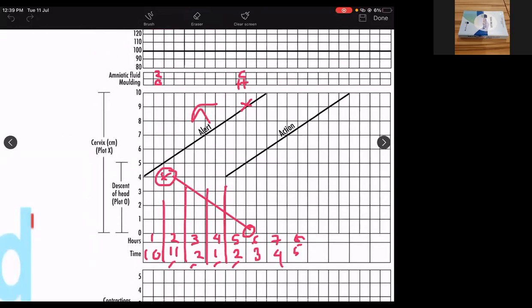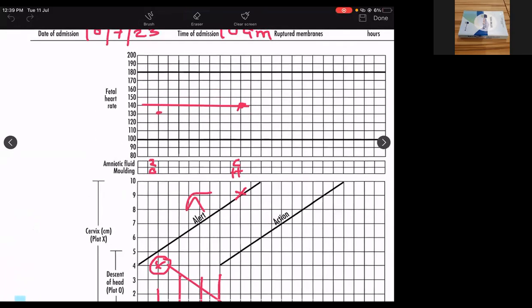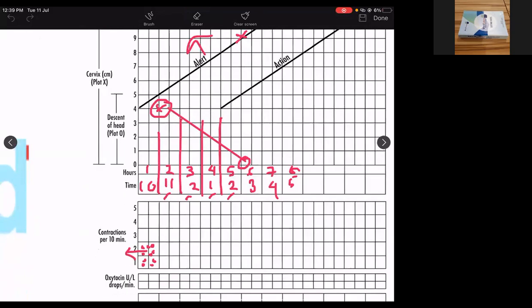So you figured out your fetal heart rate, your amniotic fluid is clear, there's 2 plus molding, cervical dilatation is 9, descent is 0 by 5, and she's now having strong contractions. She's having 3 strong contractions. So you highlight, you shade. If she's having 3, you highlight the boxes completely.